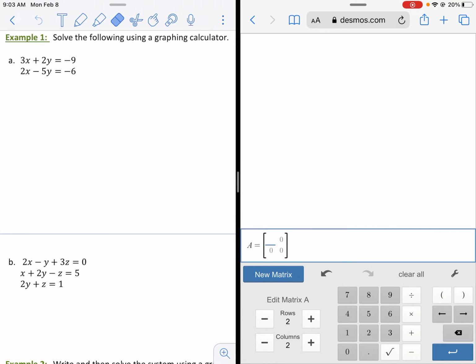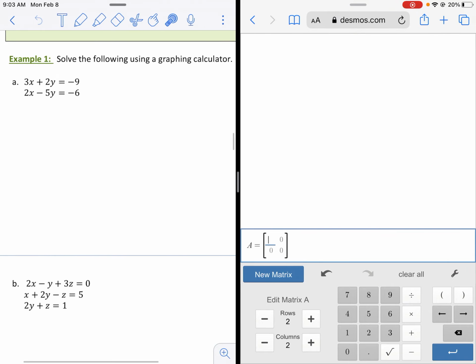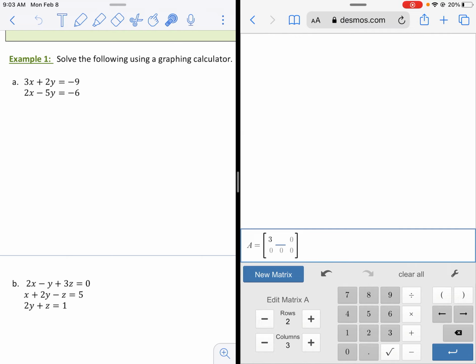I'm going to hit new matrix, and for part A, I'm going to need a 2-row and 3-column augmented matrix. I'm going to type my coefficients in here and my constant on the right-hand side. There's no vertical bar to separate these when you're typing them in, so don't freak out. It knows that the right-hand column is the augmented part of my matrix, my constants.